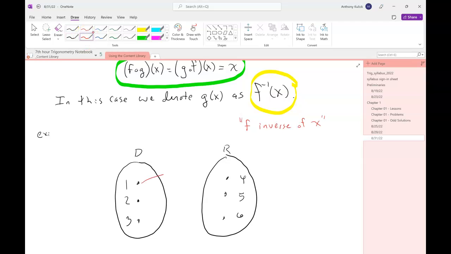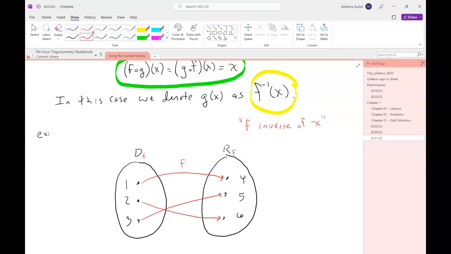Let's say this is our function for f, that f sends 1 to 4, 2 to 6, and 3 to 5.